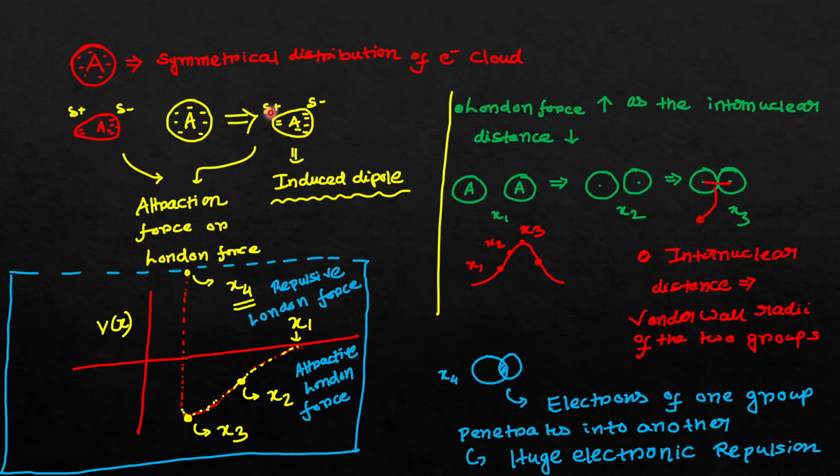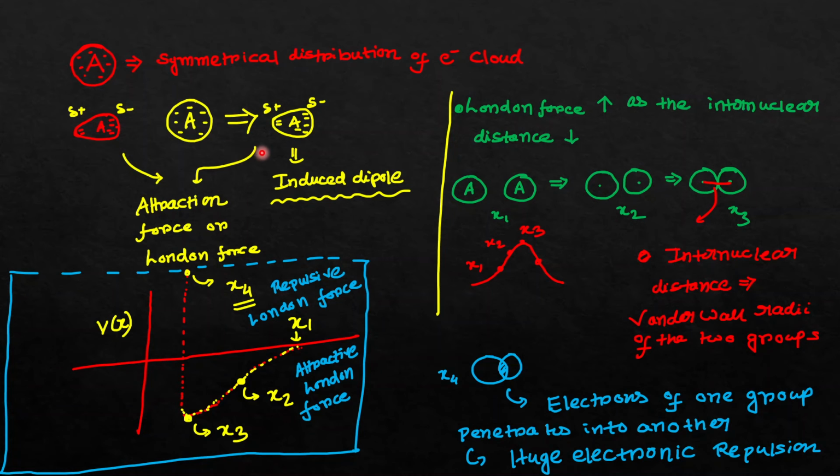So a partial positive charge and a partial negative charge are created on the molecule around molecule A. This is called an induced dipole. This molecule will again induce a dipole around it.